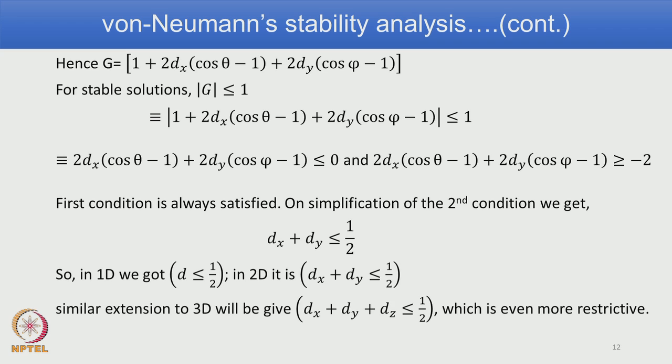Now, it becomes more restrictive in the case of 3 dimensional, where you have a summed up condition for all the 3 directions together. So, dx plus dy plus dz is less than or equal to half, and you know delta t is one parameter you can control, and del x, del y, del z are the spatial distributions in the respective directions.